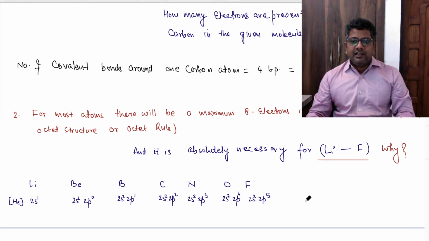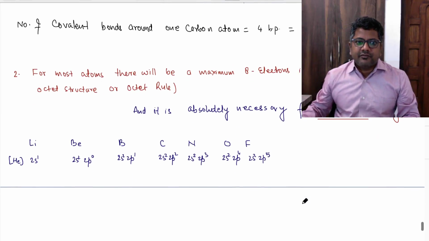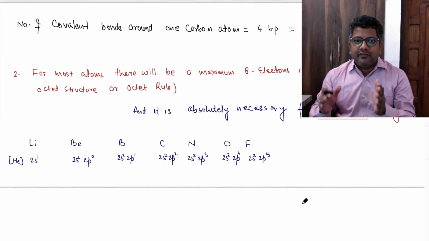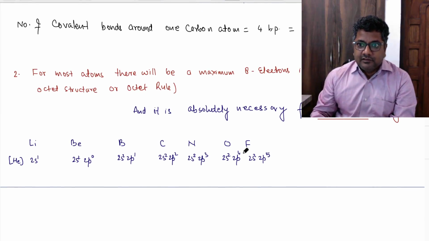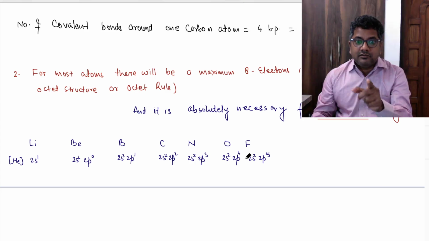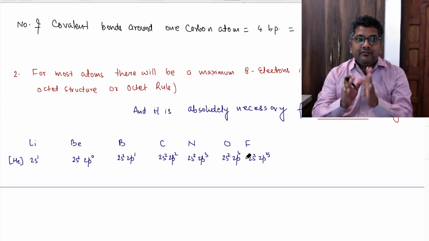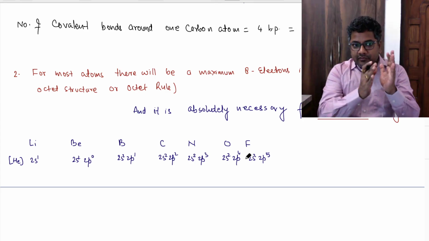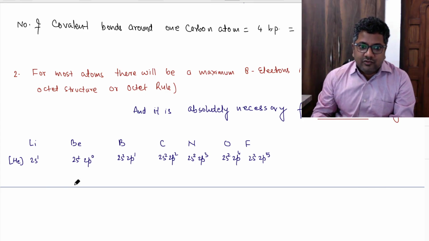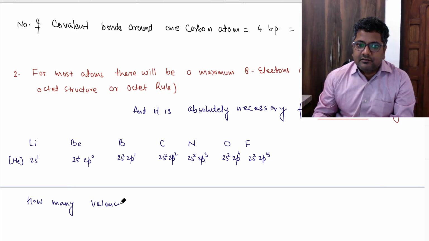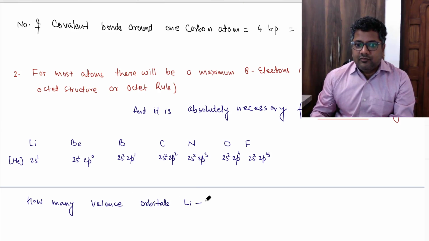Right? Now, tell me, from lithium to fluorine, how many valence orbitals do these atoms have?